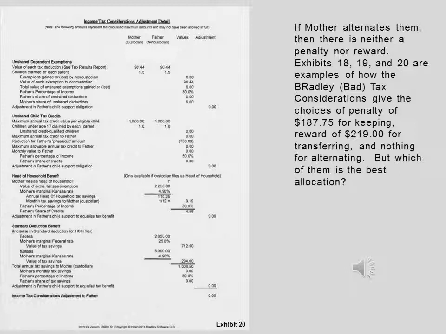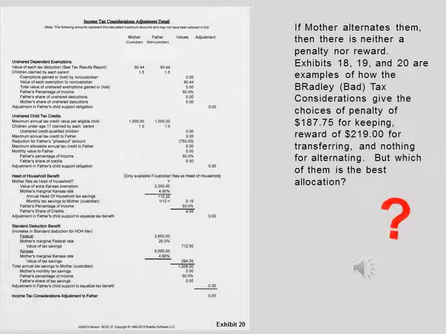Exhibits 18, 19, and 20 are examples of how the Bradley bad tax considerations give the choices of penalty of $187.75 for keeping, reward of $219 for transferring, and nothing for alternating.